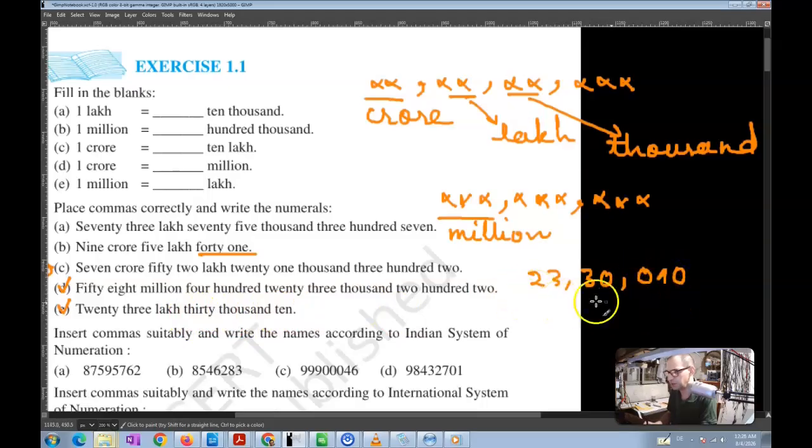And the same number in the English system, 010, and then 330, and then a 2, which is 2,330,010. So this number is 2,330,010 in the English system, and that is 23 lakh 30,010 in the Indian system. Okay, so that's your number.